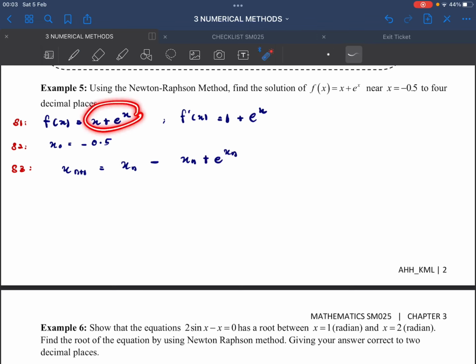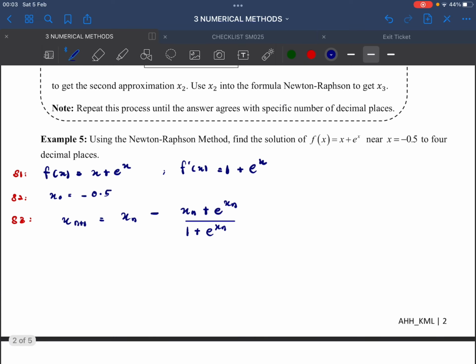Let's put n here, because this formula will be used a few times, that's why we put it as n. Over f prime x, so this is our f prime x, 1 plus exponent xn. Okay, so this is the formula that you have to write.